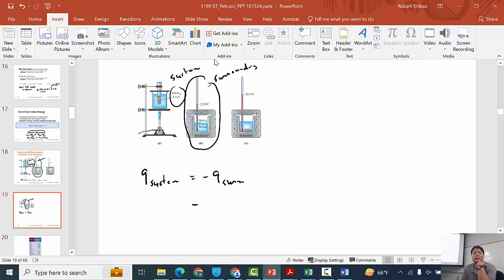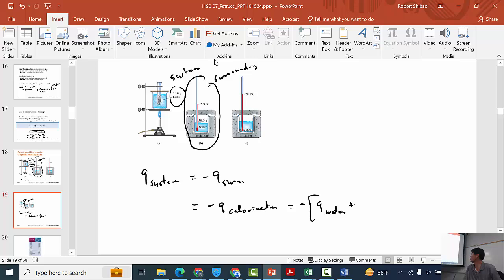In this case, this is going to be minus Q of the calorimeter. So what is the calorimeter comprised of? Actually, we're going to simplify it. The calorimeter is comprised of 50.0 grams, so it's going to be minus Q of the water. We have 50.0 grams of water at 22 degrees C.